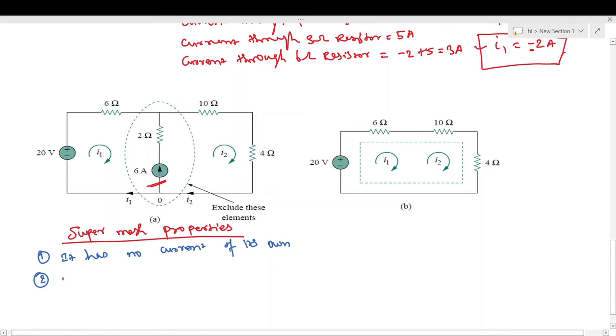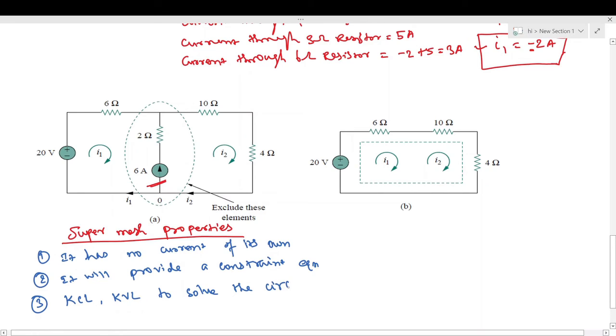Second, it will provide a constraint equation. And third one, we need to apply KCL and KVL to solve the circuits. Now these are the super mesh properties.